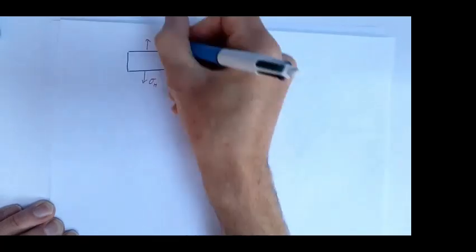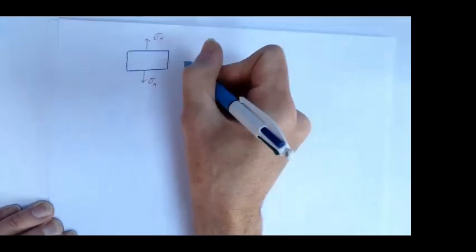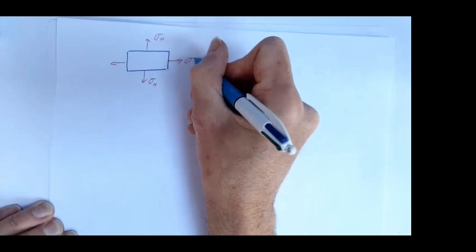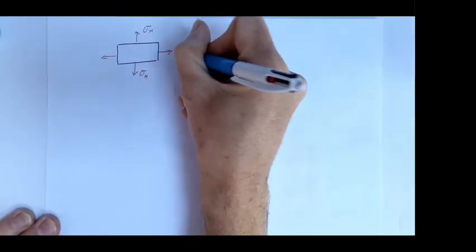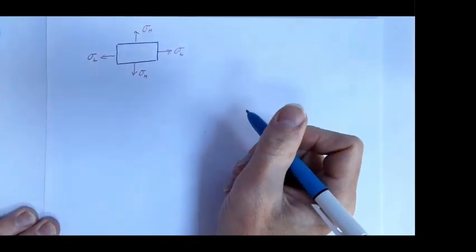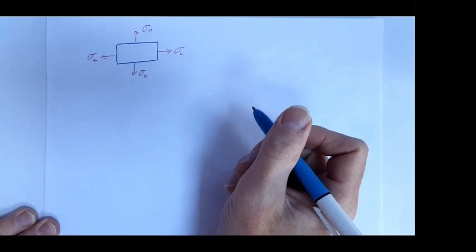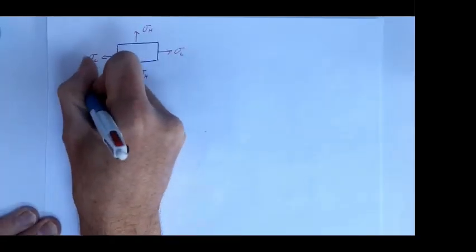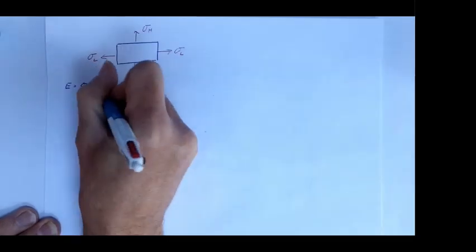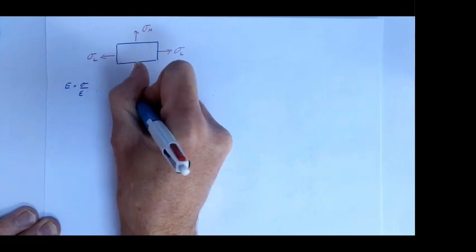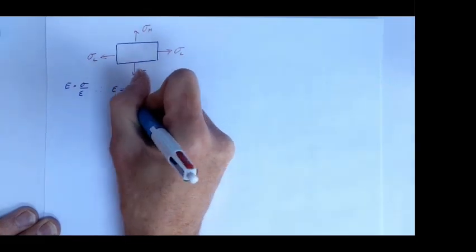And we've got longitudinal stresses. Okay, so let's now consider the following strains. Now we know Young's modulus equals stress over strain. So therefore, strain is simply the stress divided by the Young's modulus.